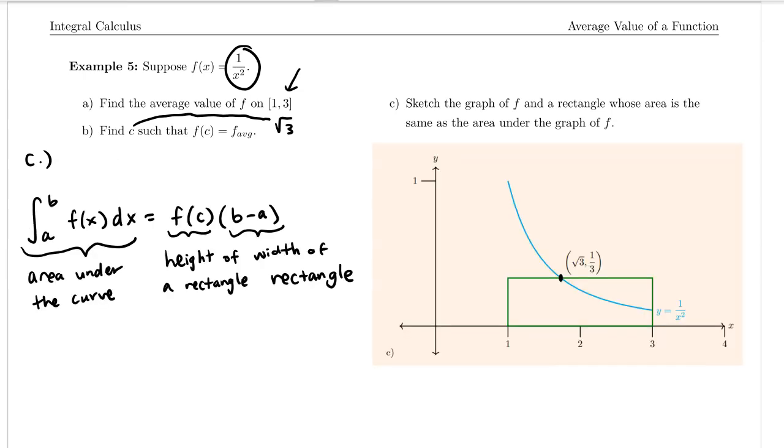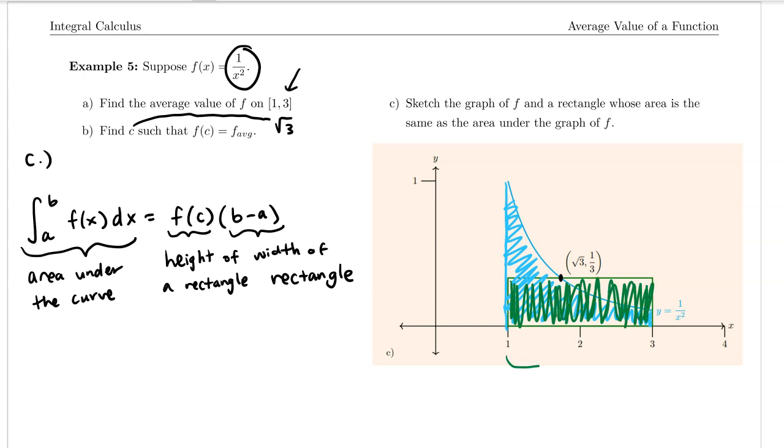Okay, so here we have our y-axis and our x-axis, and in blue we have the graph of y equals 1 over x squared. And so if I dropped this down between 1 and 3, and I took this area here, between x equals 1 and x equals 3 underneath my curve, that blue area is the same area as the area of my rectangle, which my rectangle can be seen here.